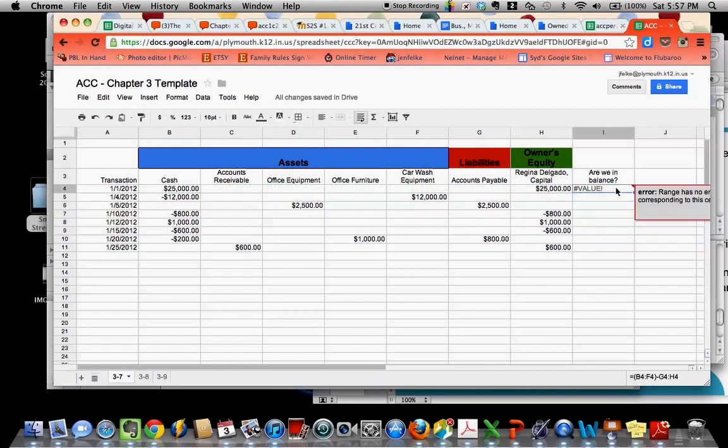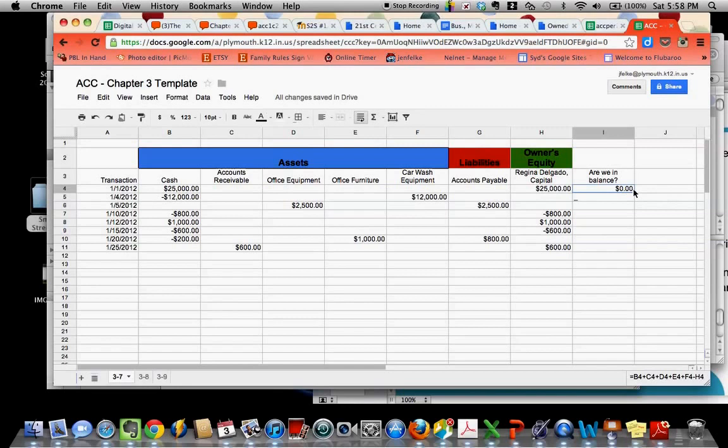Okay, and that did not work. So a little bit different than Excel. I'm going to go one by one. So we're going to add our assets. So I'm just going to add these across. There may be another way to do this, but then we're going to subtract our liability, subtract our owner's equity. Okay, so our net effect to show that we are in balance should be 0, and it is.